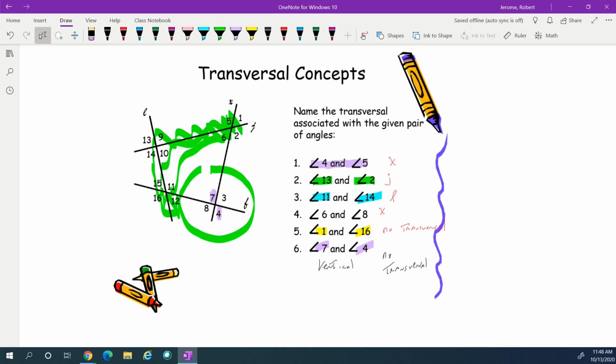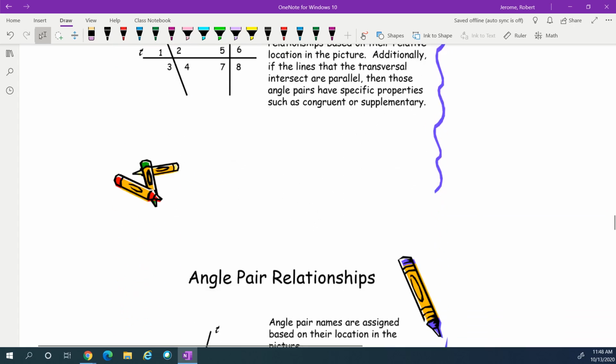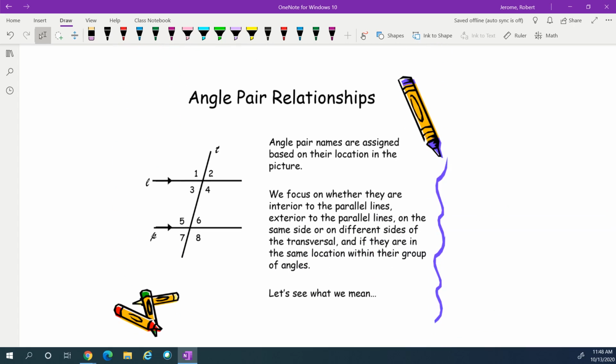And we're going to tie some of this together today because as we look at these transversals that connect the different intersections, we're going to be able to do some work here. But all of our work is going to be based on those lines being parallel. So again, we indicate that lines are parallel by putting the arrows on them.